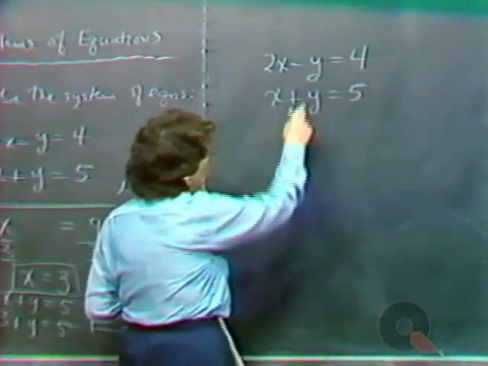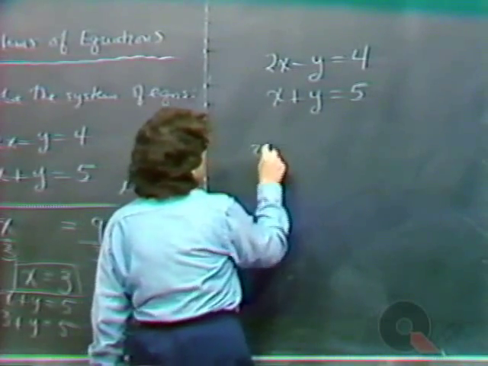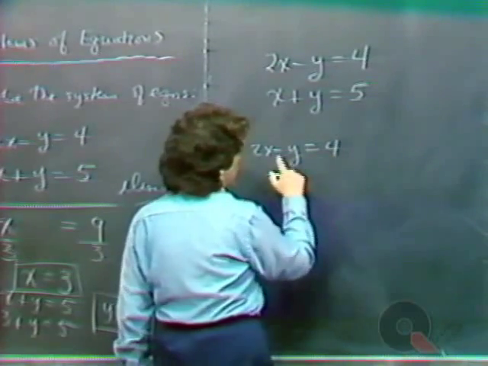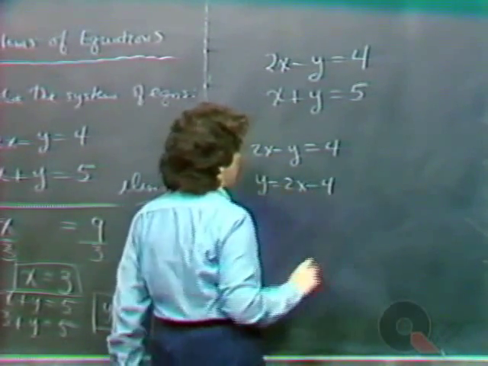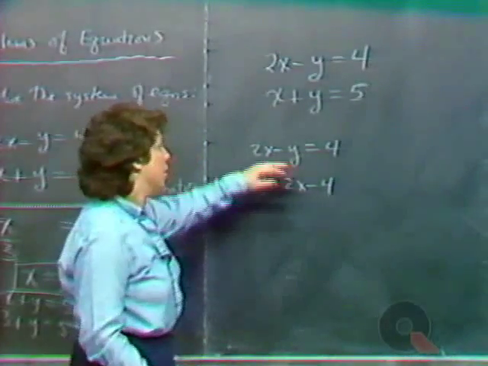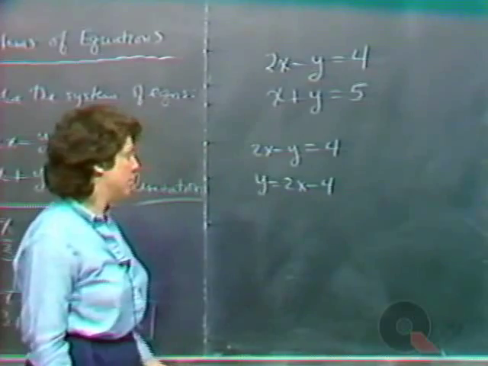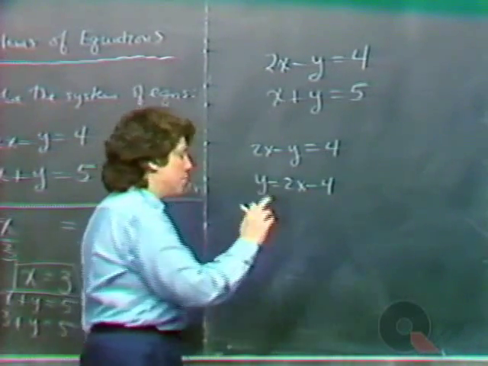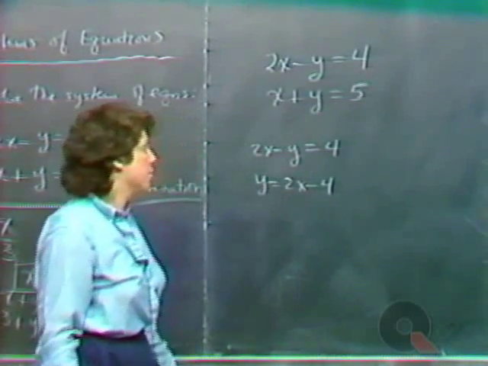Let's say we solve the top equation for y. We would get 2x minus y equals 4. Adding y to both sides and subtracting 4 from both sides, we would get y equals 2x minus 4. So I solved the first equation for y. Then we take this value for y and we substitute into the other equation.